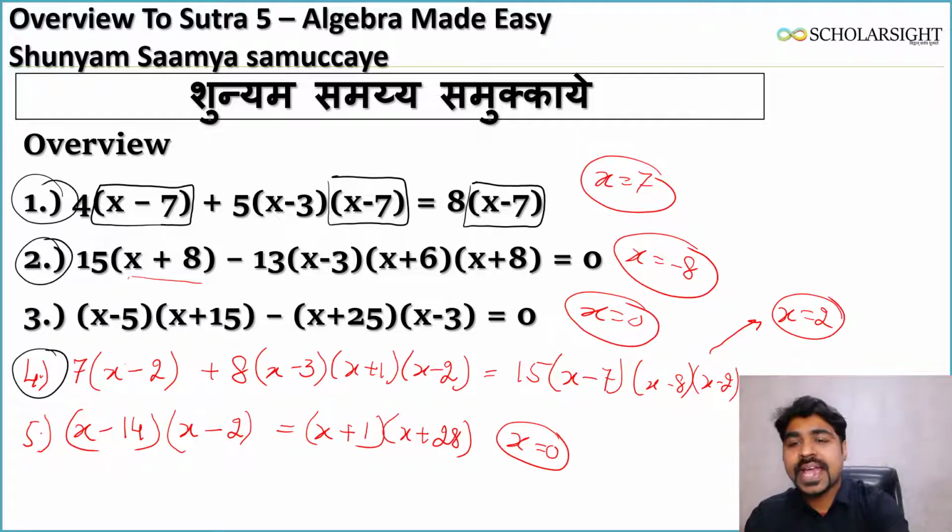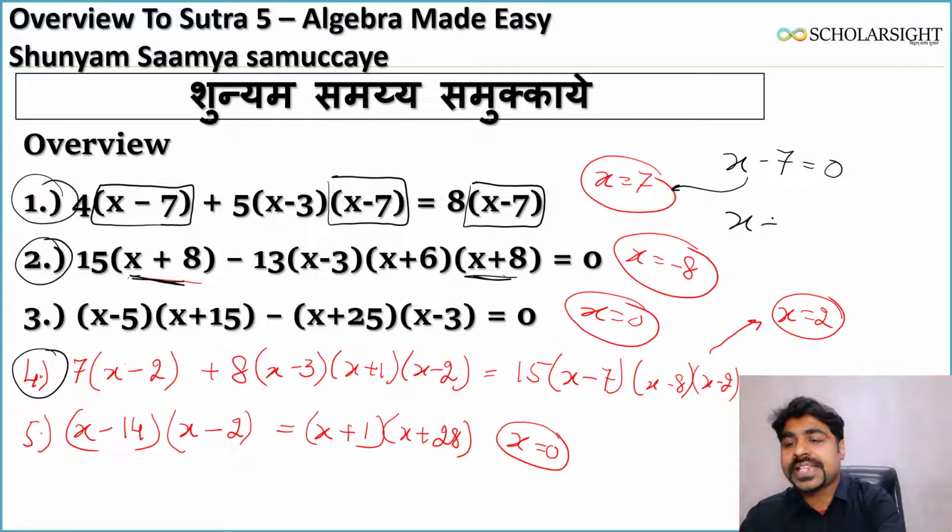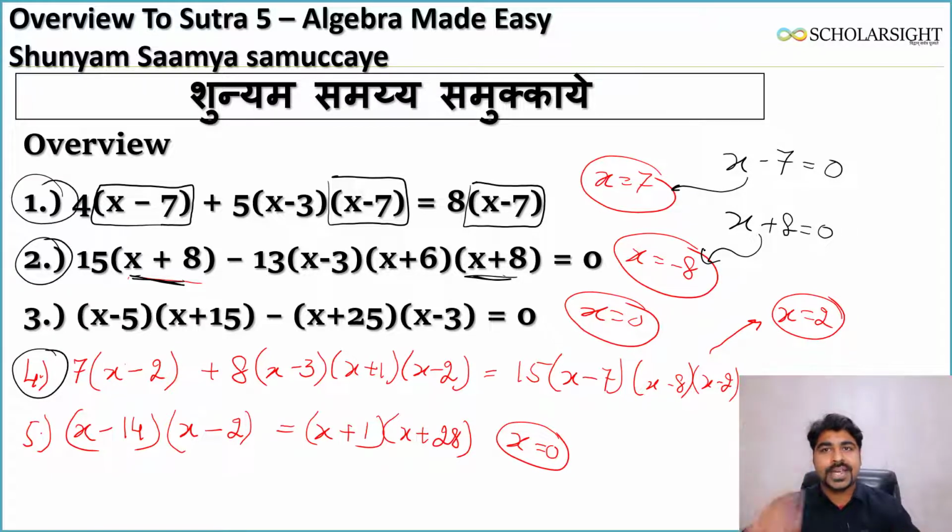So that means x minus 7 would be equal to 0. So my answer would be x equals 7. Now at least try and solve the second and the fourth question in 4 seconds. Pause the video and do that. Now, the second question also says the same thing, x plus 8 here and x plus 8 here. That means I will put x plus 8 equal to 0 and get the answer as x equals minus 8.